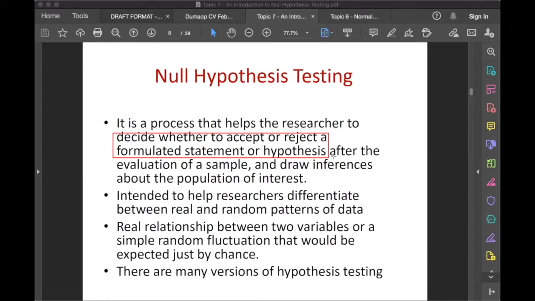For example, if you say, if I eat a plate of peanuts, then I would perform better in a quiz, because peanuts are brain food. That statement is discussing the apparent relationship between eating peanuts and performance in a quiz.